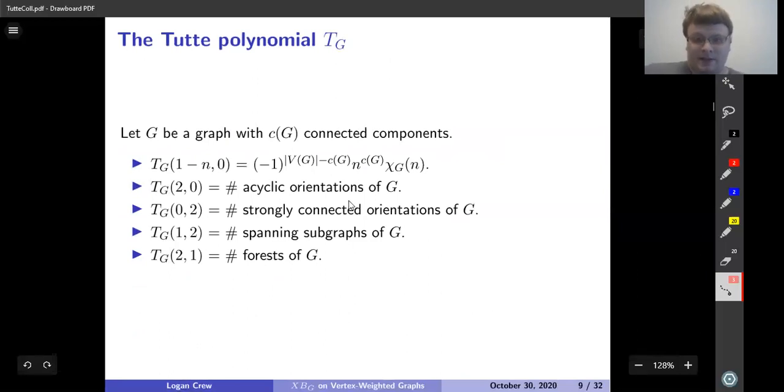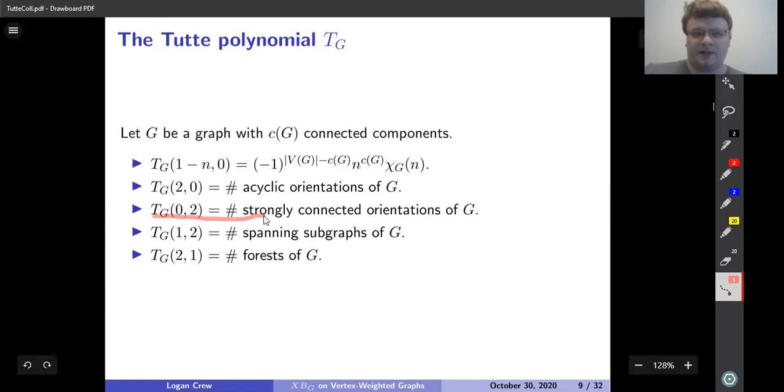So here are some of the things the Tutte polynomial can tell you. It does specialize the chromatic polynomial through an appropriate substitution and a slight sign change here. If you give an orientation to each edge of the graph, a direction it goes, then one evaluation of this tells you how many of them are acyclic, have no way you can go in a cycle following the directions.